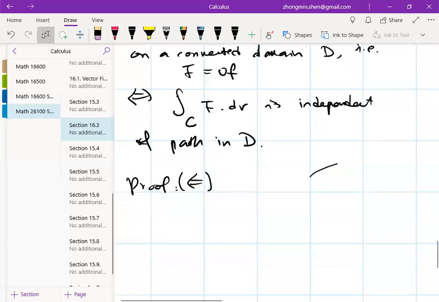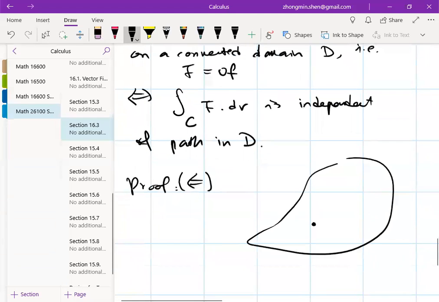This is a domain D. You fix a point. We assume dimension 2, or dimension 3, the same. This is fixed. Then this is an arbitrary point.